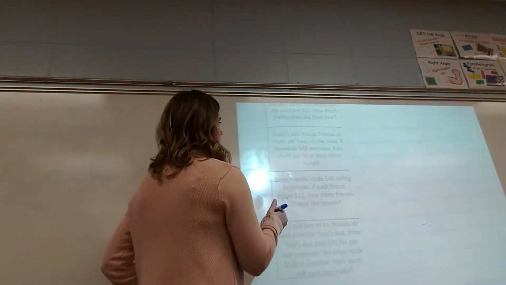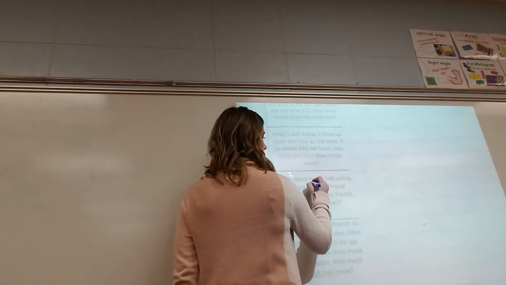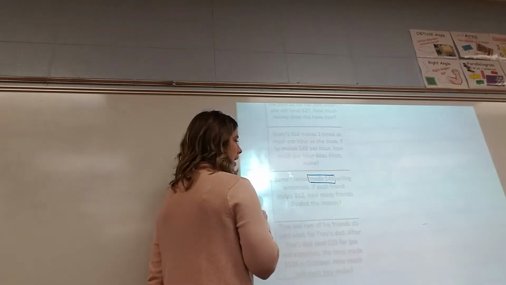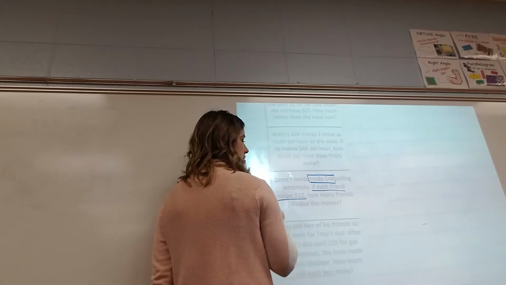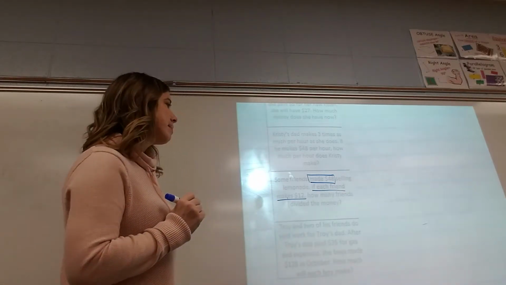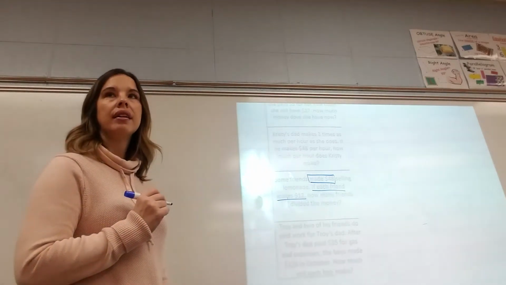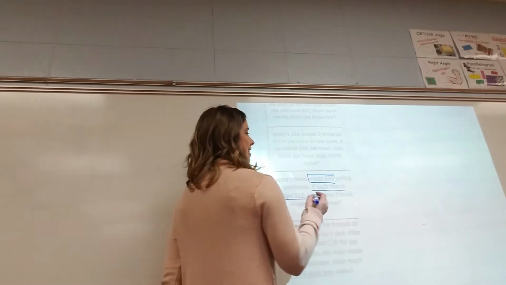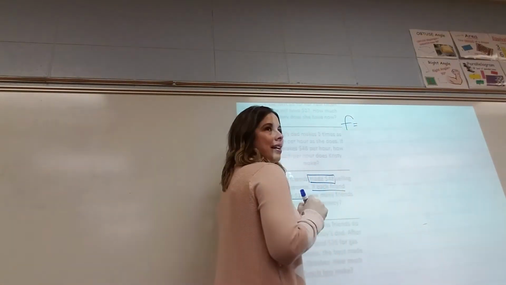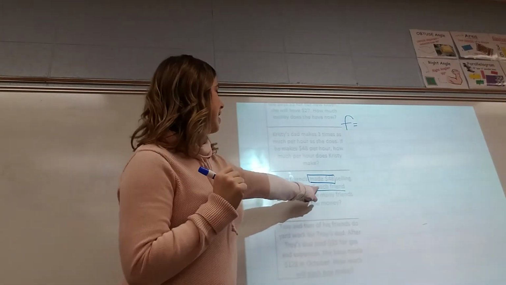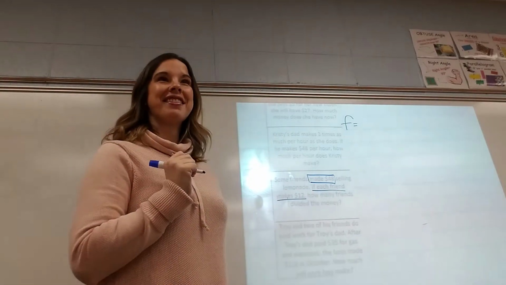Okay, so it says, some friends made $48 selling lemonade. If each friend makes $12, how many friends divided the money? Define my variable for me. Each friend makes $12, so that's not it.